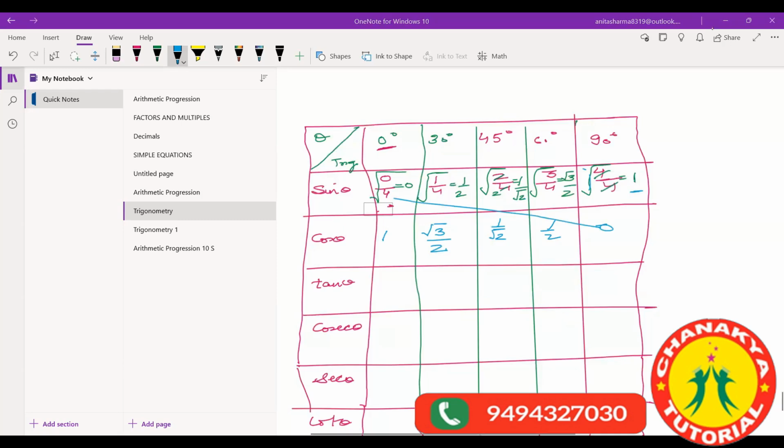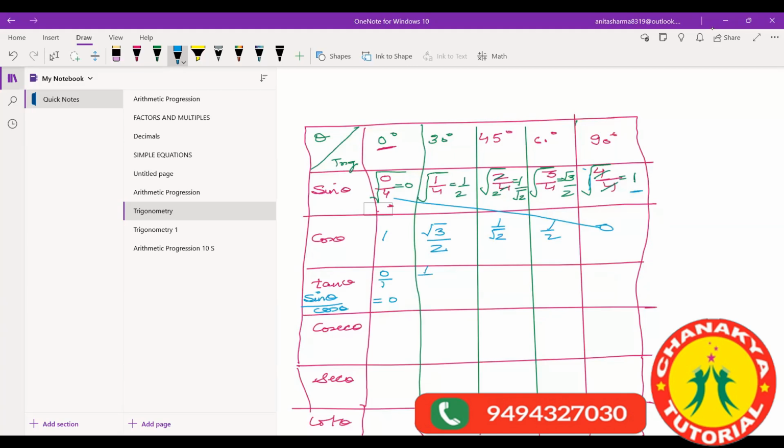Sudhanshu, yes, ma'am. Okay, now tan theta. I have told you that tan theta is the ratio of sine theta and cos theta. So now find the ratios. 0 divided by 1 will be equal to 0, because when you divide 0 by any number, it gives only 0.